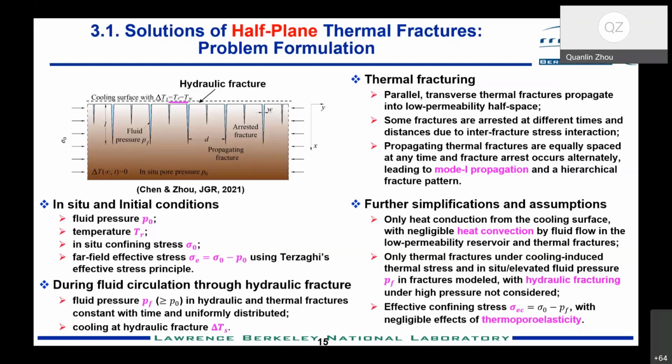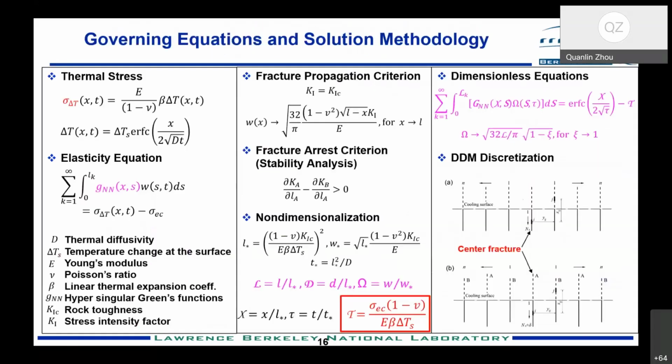So here are the governing equations and the solution methodology. Thermal stress is calculated by the analytical solution for the temperature field, and in the elasticity equation, we have the fracture-induced elastic stress.